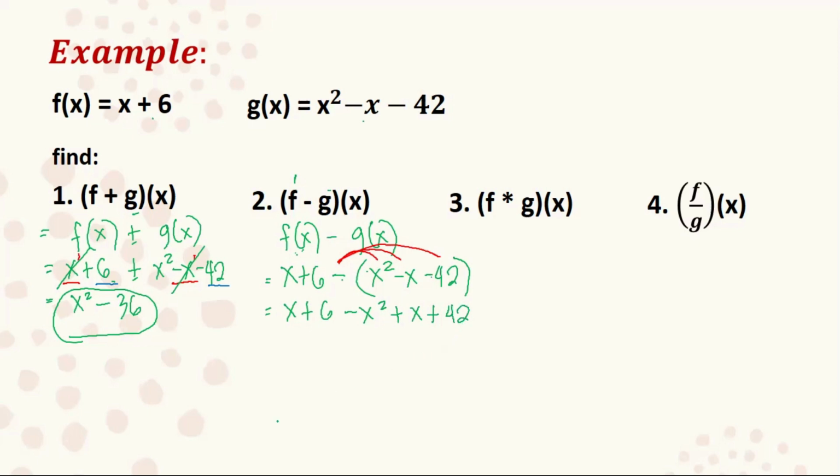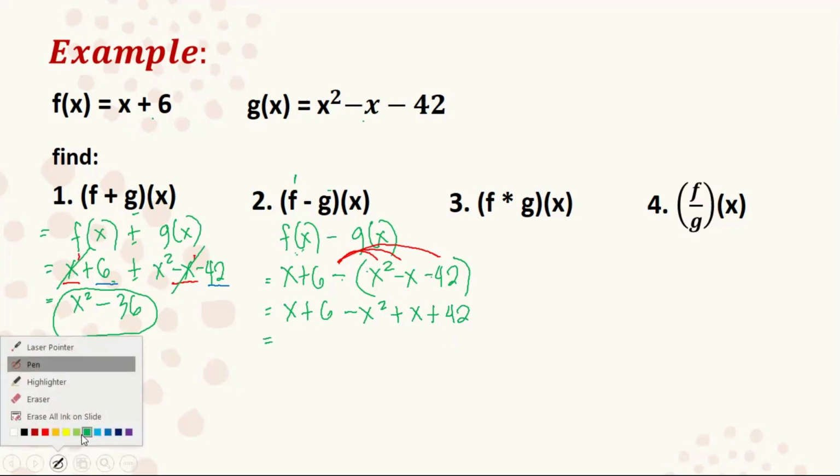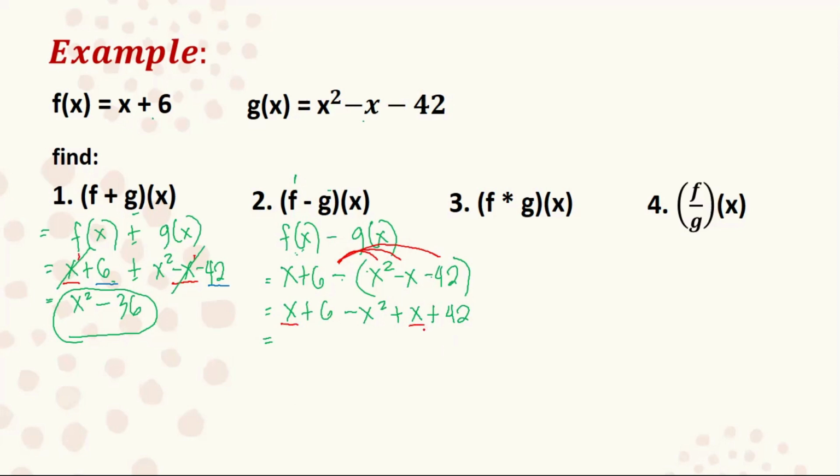So we can now combine like terms. So which terms can be combined? x can be combined with this. The constant terms, 6 and 42, can also be combined. And dito sa negative x squared, walang pwedeng i-combine sa kanya kasi nag-iisa lang siya.